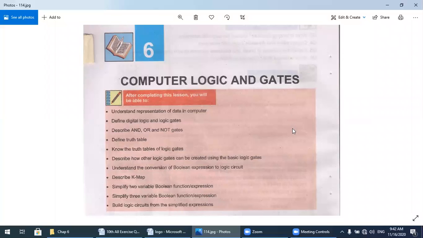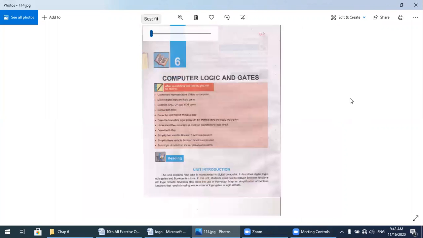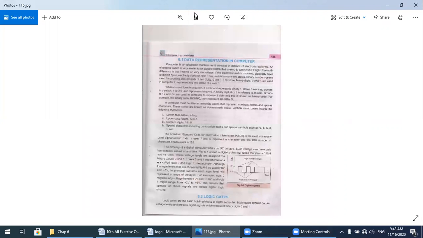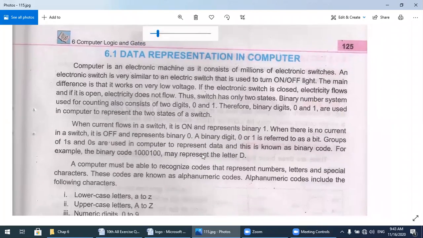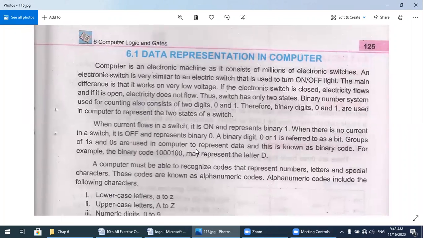This chapter belongs to the electronics of computer science. Now we will discuss computer logic and gates. The first topic is data representation in computer. Very easy.